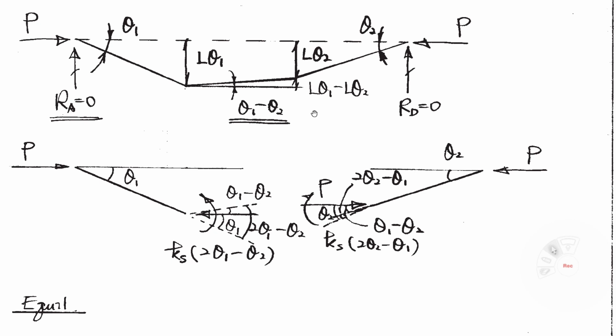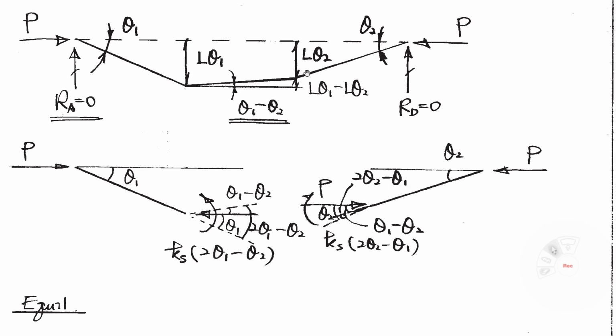And then let's look at this part. If you consider this straight line and then the horizontal one, as you see, this one is theta 1 minus theta 2. This horizontal line and this angle equal theta 1 minus theta 2. As you see, the theta 2 here, this straight line equals theta 2 because this is horizontal.